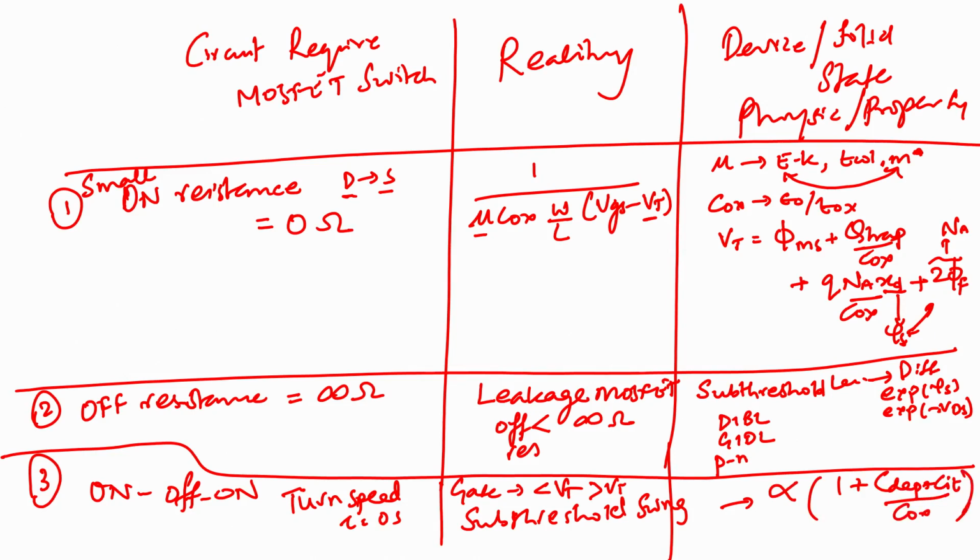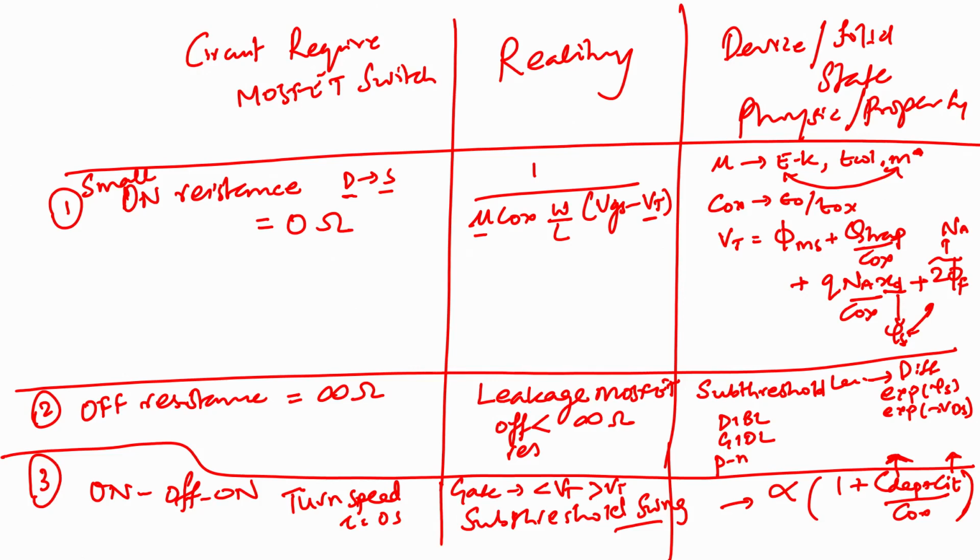So if your depletion capacitance is large, which can happen if your XD is small, which can happen due to high doping, and if your interfacial trap capacitance is large, then your subthreshold swing becomes very large. Which means that you need a larger gate voltage to make the current climb up by one decade.